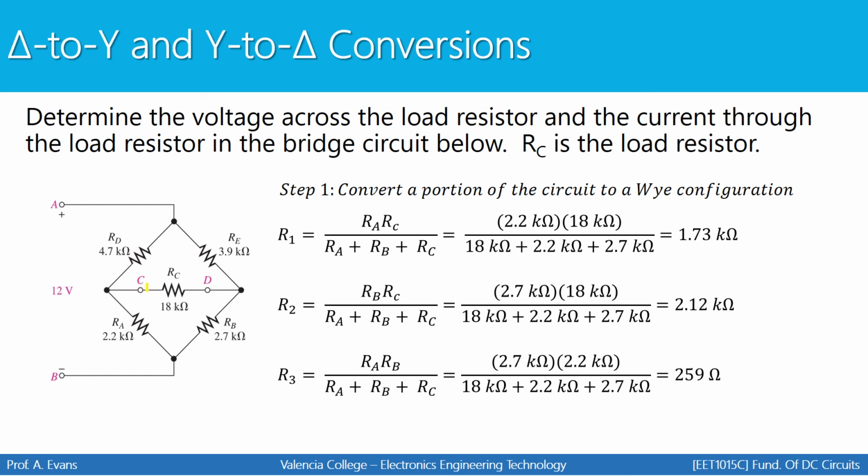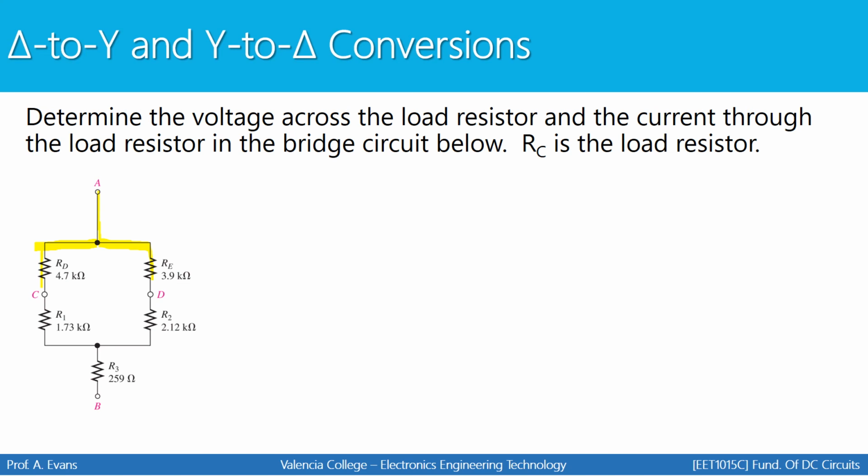If I can find the voltage at point C and if I can find the voltage at point D, simply taking the difference of those two voltages tells me the voltage across this resistor. And if I can find the voltage across that resistor, I can find the current going through it. So although RC is gone, we can still compute what the voltage and the current for RC would be by using the same two points where RC was connected before.